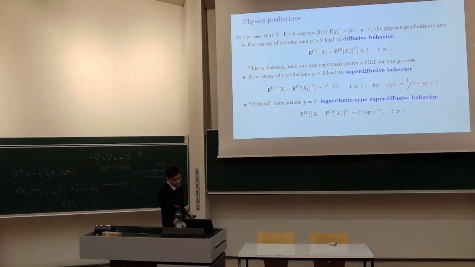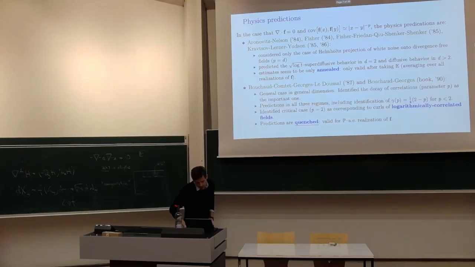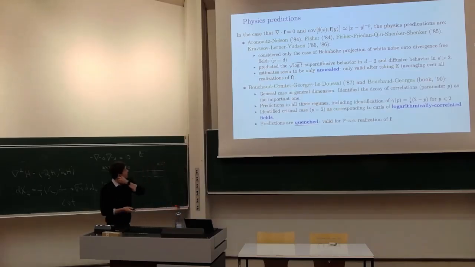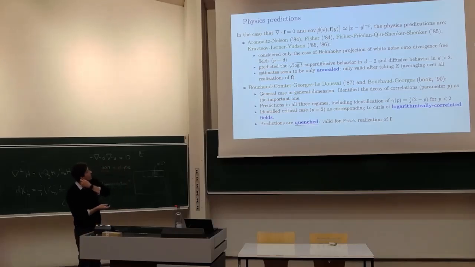Okay, so here are the physics predictions. Sometimes I skip this slide. There are some details about how exactly they do it. I'm going to explain these buzzwords very quickly: annealed and quenched.